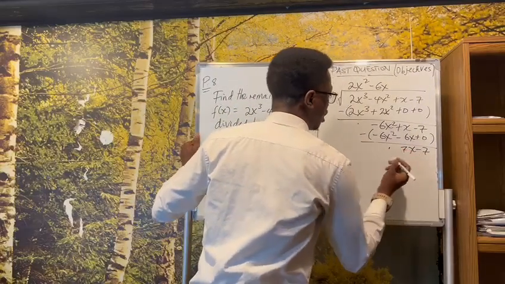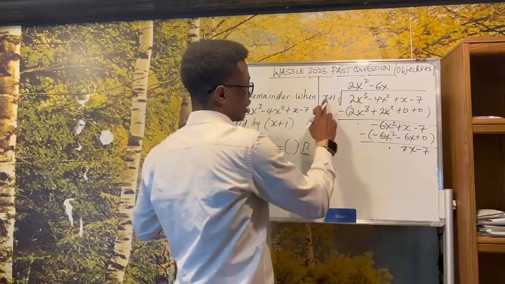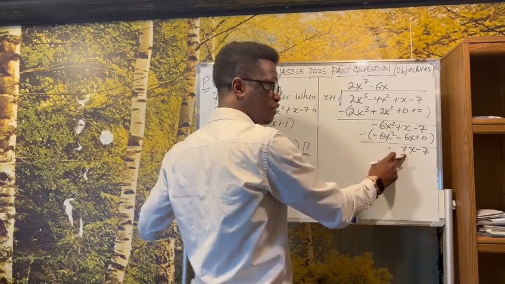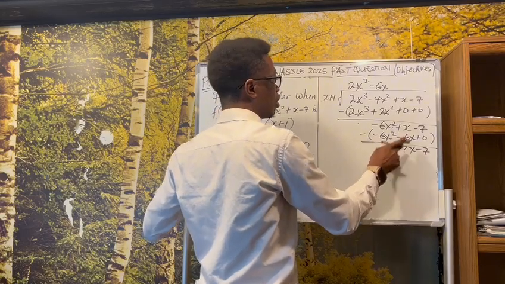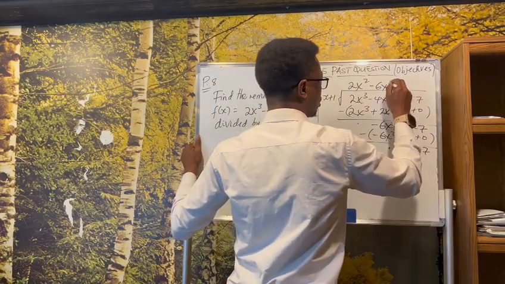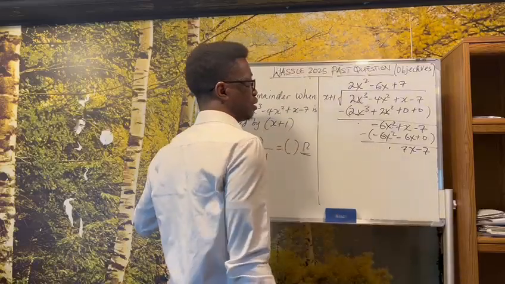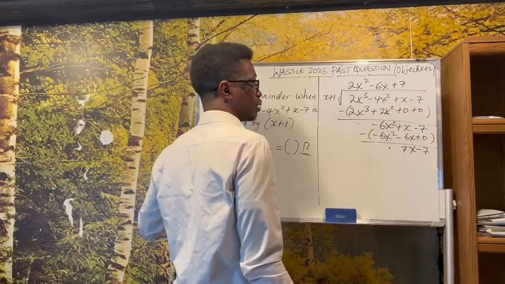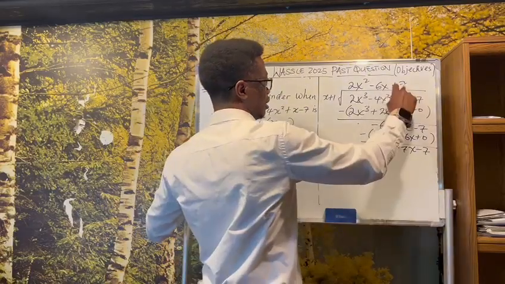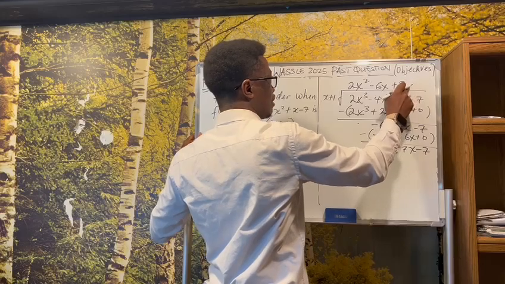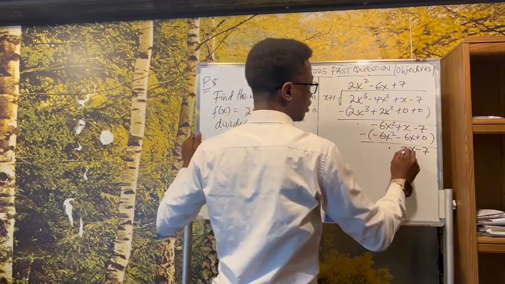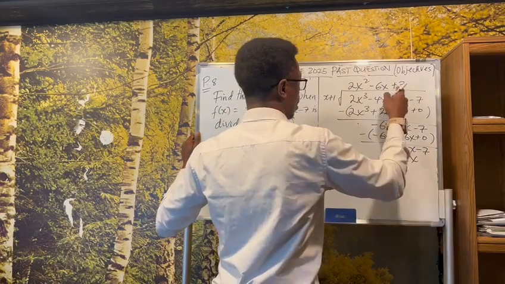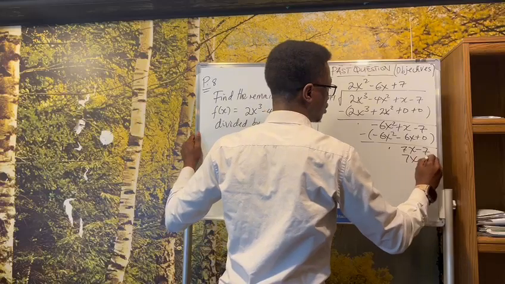Now, the next thing you check again: this x into 7x, always the first term, becomes what? That becomes plus 7. Easy. Now you check: 7 multiplied by this becomes 7x, plus times this becomes plus 7 here.